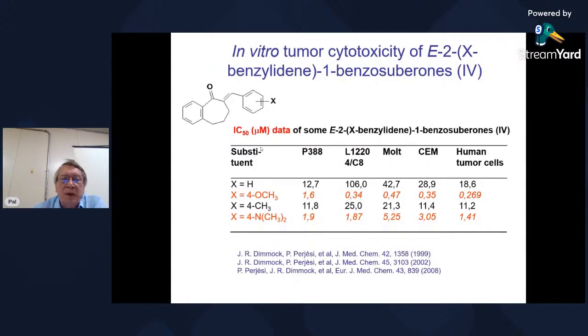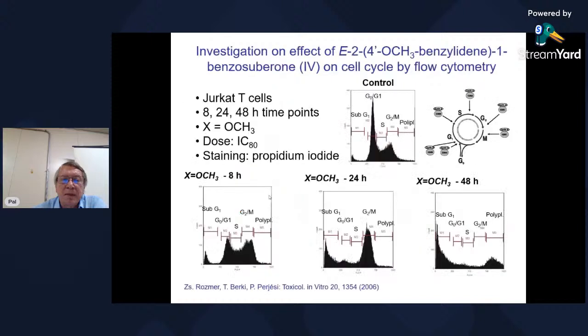Based on this previous data, we selected the 4-methoxy derivatives for further analysis. At the beginning, we performed analysis of the cell cycle effect of the compounds using Jurkat T cells.